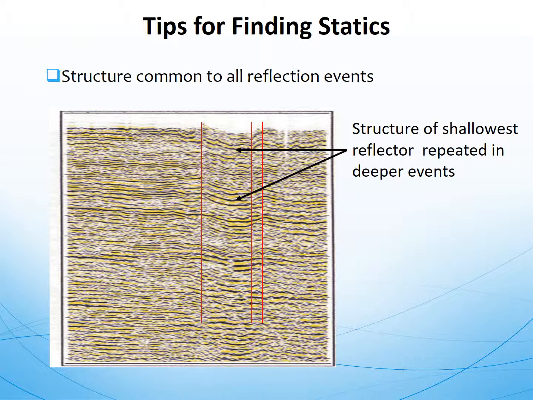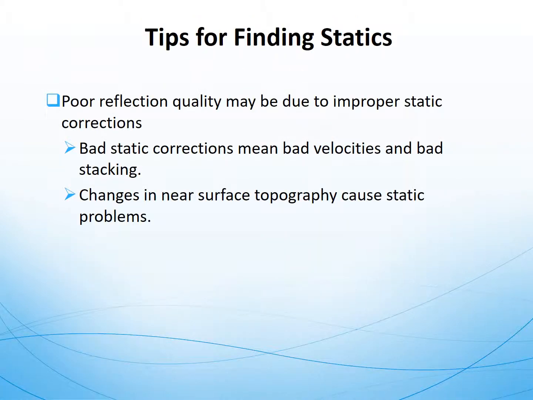Another example, you have the structure of the shallowest reflector repeated in the deeper events. Poor reflection quality may be due to improper static correction, not necessarily due to issues such as low amplitude and so on, but it might be due to the statics problem.